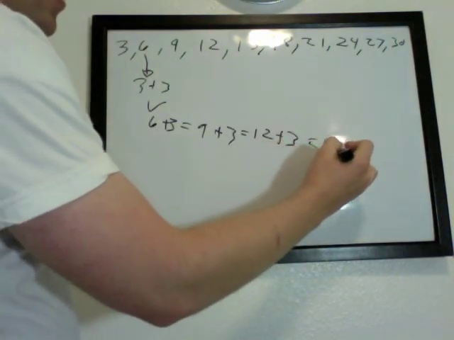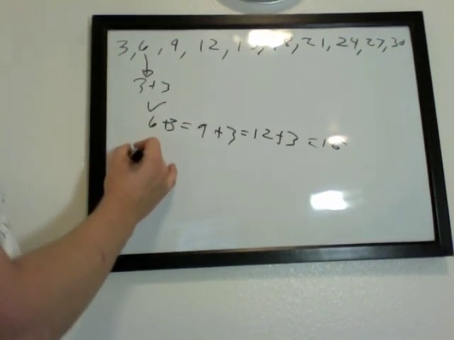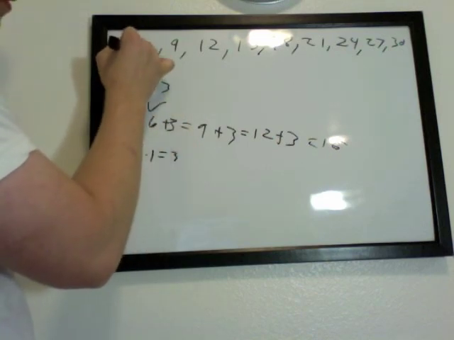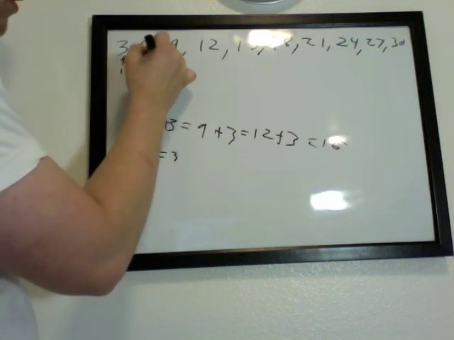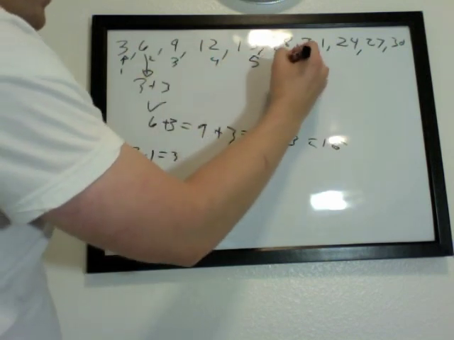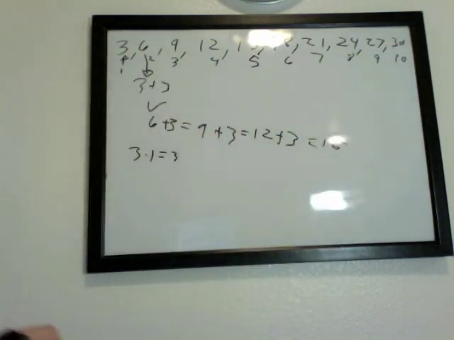That'd be 15. And this is the same way as multiplying. So if you get 3 times 1, that's 3. This is 1, 2, 3, 4, 5, 6, 7, 8, 9, 10.